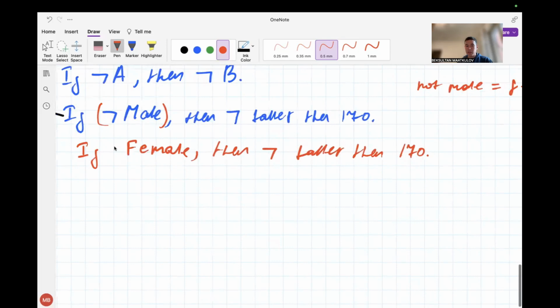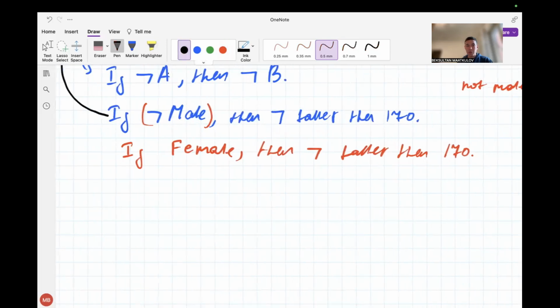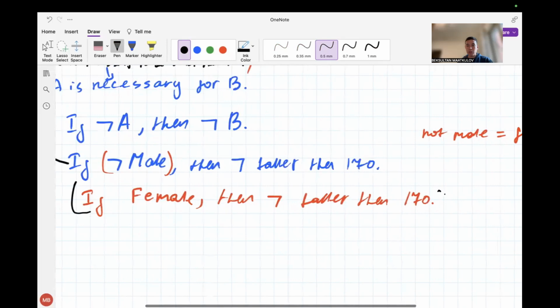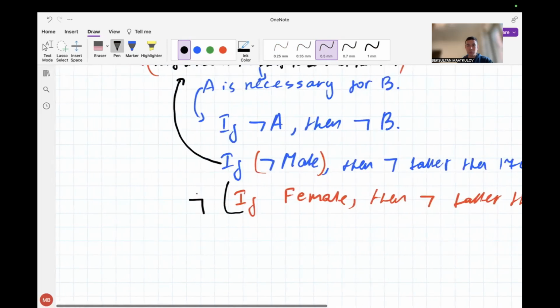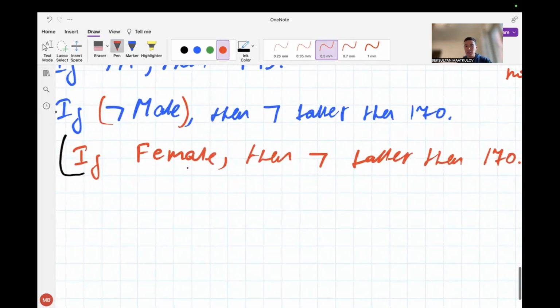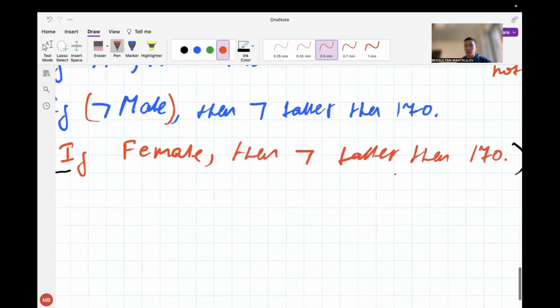Okay, now we've got this statement, right? And we have to negate it. We have to contribute not here. In order to contribute not, it's easier to negate all statements, right? Do you agree with me? So in order to negate all statements, we have to convert this statement. If you are female, then you are not taller than 170 centimeters.